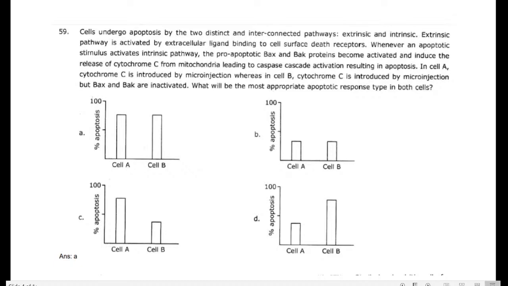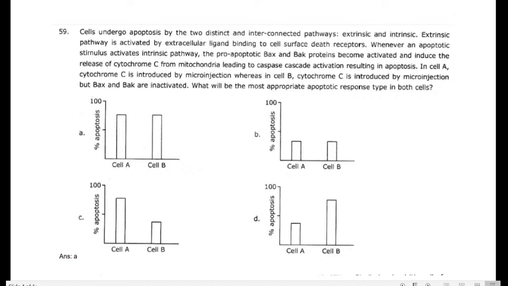In this activation, the pro-apoptotic BAX and BAK proteins become activated. This activation releases cytochrome C from the mitochondria. After this release, it leads to caspase cascade activation. This is the final step, and this caspase cascade activation makes apoptosis.